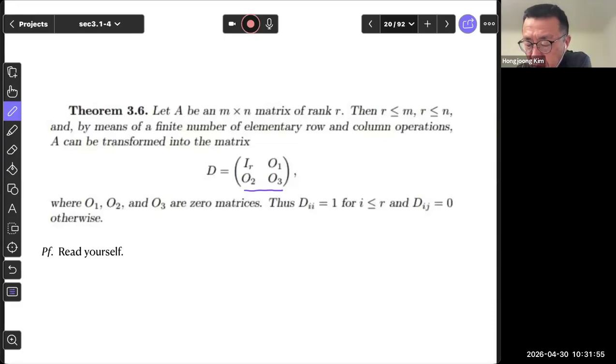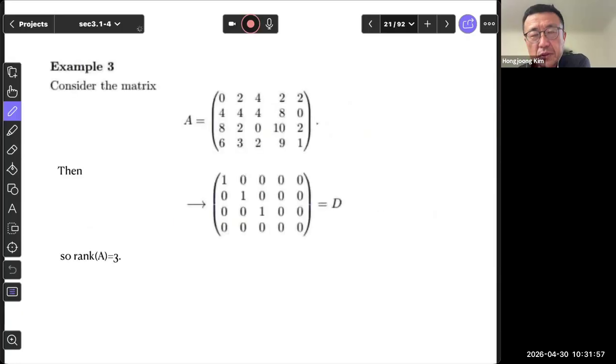Before we consider some reasoning, let us consider an example. Suppose that I have this matrix A. Then by some row and column operations, A can be transformed to a matrix of this form. Let me check this.